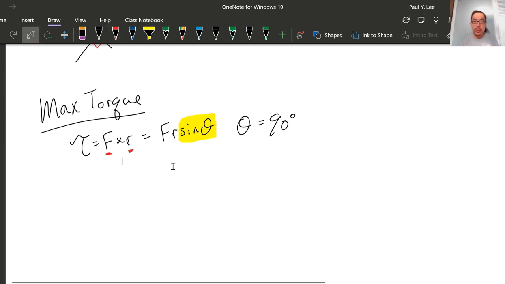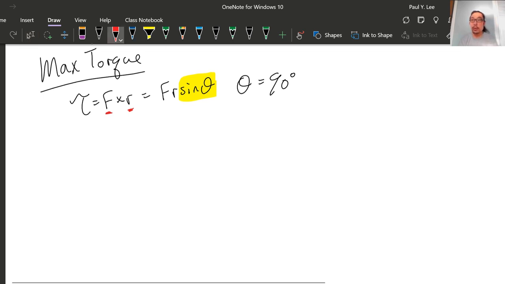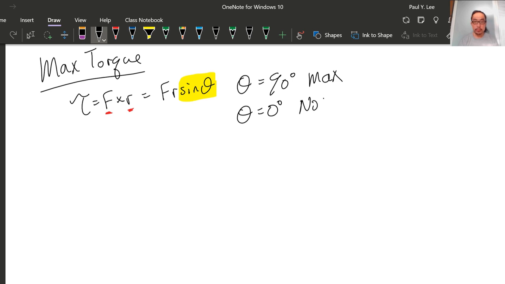So if those two are at 90 degrees, we have maximum torque. And so on the other side, sine of 0 degrees, so this is max torque, sine of 0 just gives us 0. So sine of 0 gives us no torque. And here's our example.